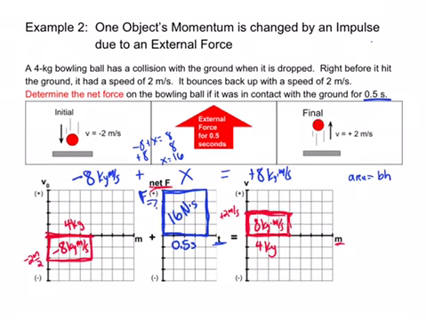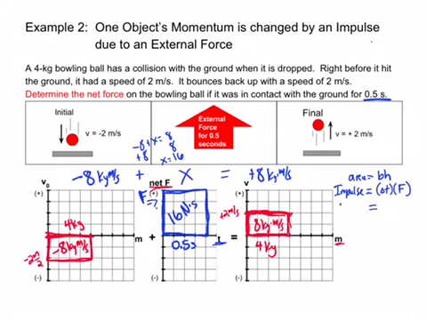Area is equal to base times height. For impulse, which does not have a symbol right now, impulse is equal to the base of that graph, the change in time, times the height, which is the force.